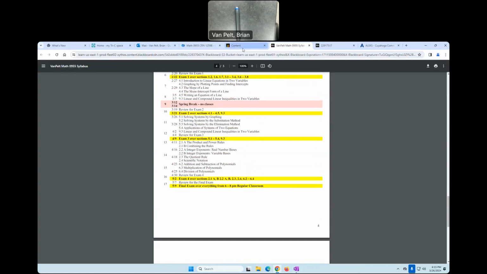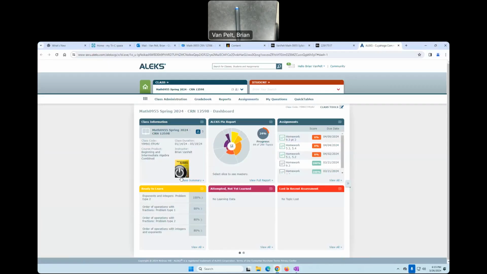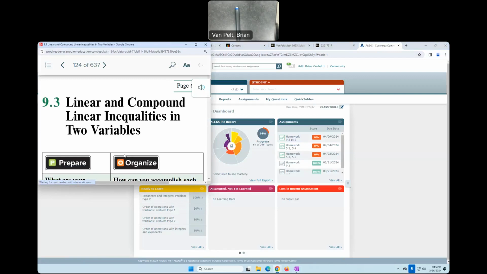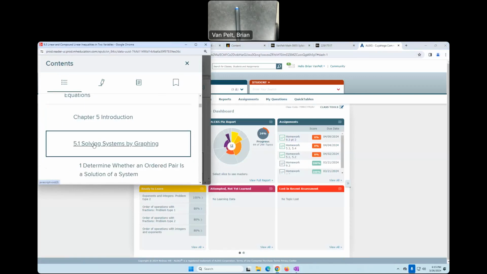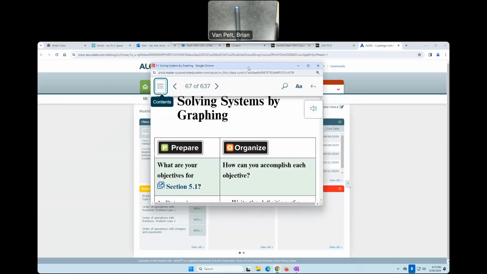We'll jump back into 9.3 for the second half of it later on, but we need to do something here first.